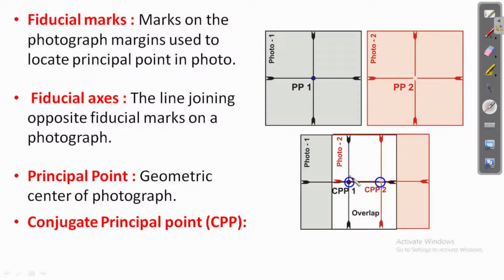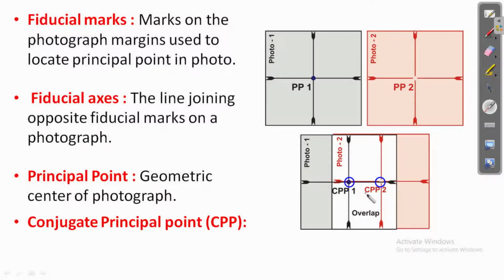The principal point of the first photograph that appears on photograph number 2 is called a conjugate principal point. Similarly, the principal point of photograph number 2 that appears on photograph number 1 is called conjugate principal point 2.